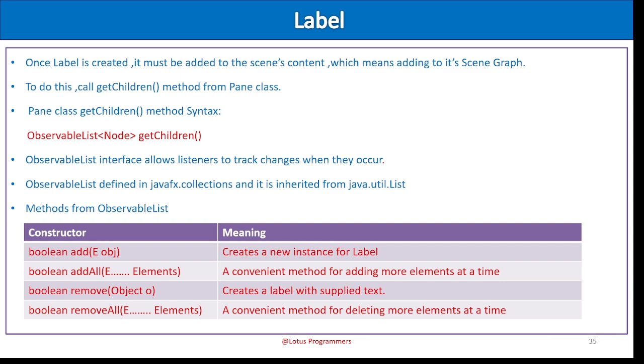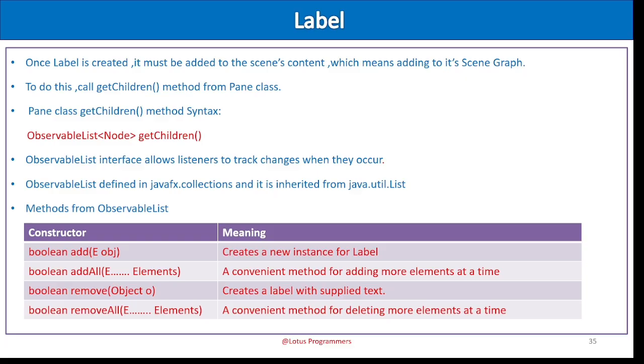The similarity is both are for adding elements to a list component. The difference between ObservableList and List is that ObservableList tracks whatever elements are added to the list, and List doesn't track the elements, it just adds the element.